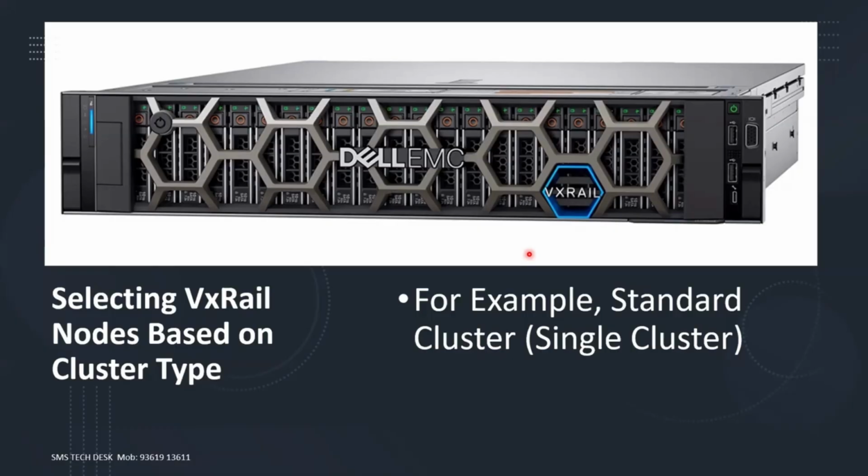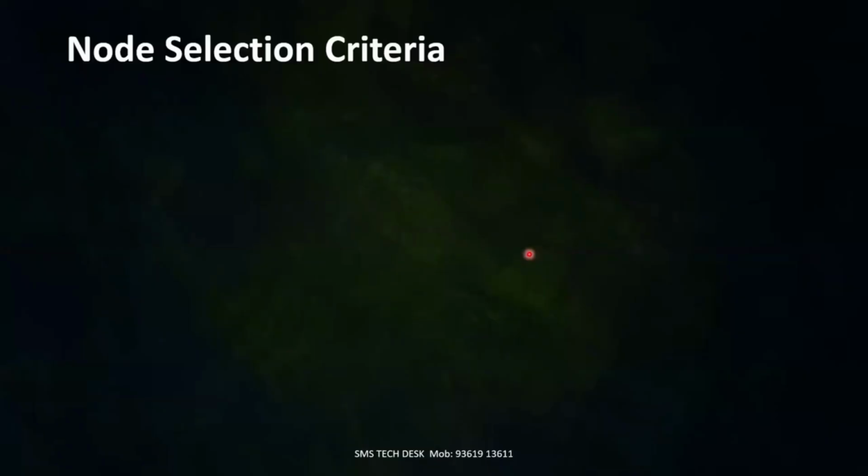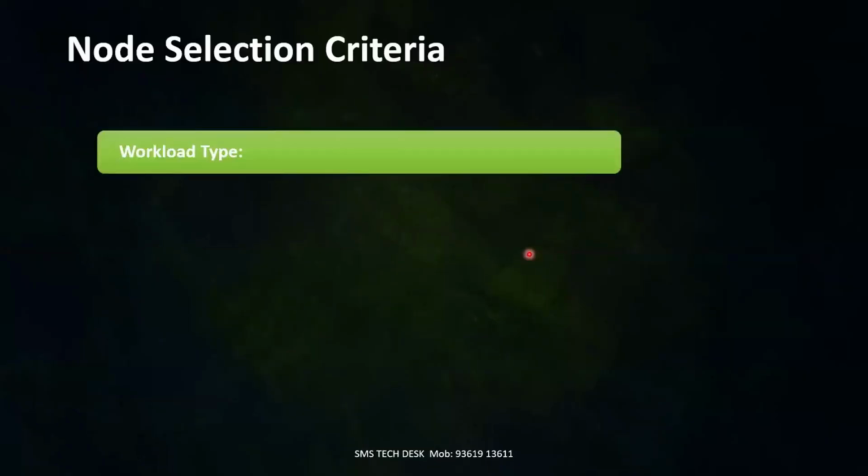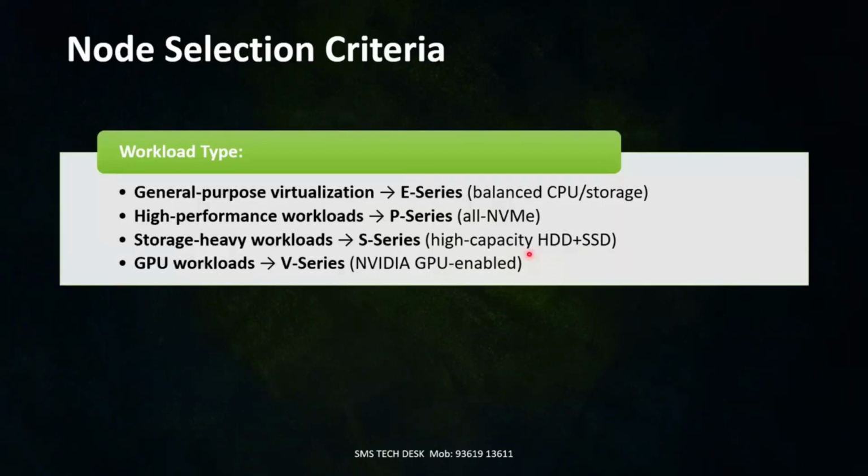When we choose the node, it depends on the workload requirement, performance, and cluster architecture. These are the three things we need to take into consideration when we select a VxRail node. Node selection criteria: workload type. For general purpose virtualization, you can go for E series.